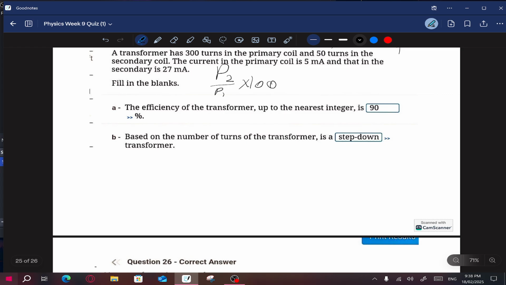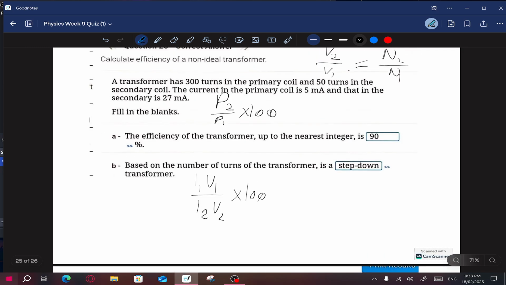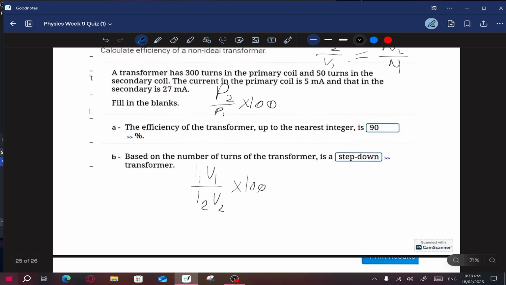What is P? It is I1 V1 and I2 V2, so the efficiency is I2 V2 over I1 V1 times 100. Sorry, I had it the other way around, let me erase this.